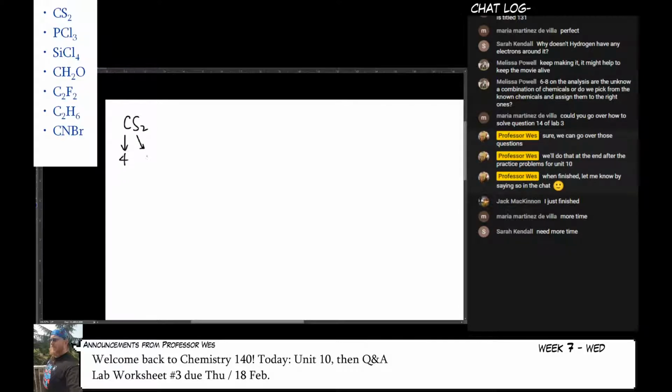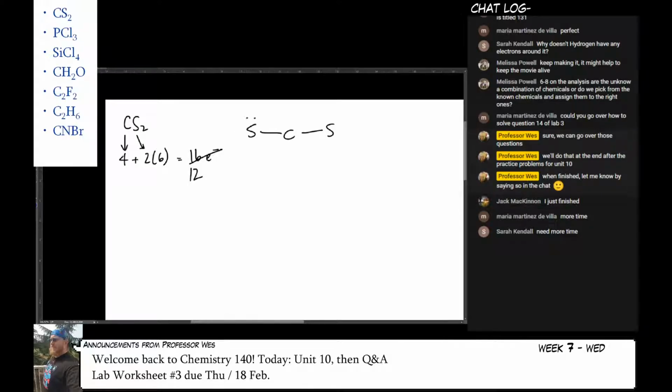Okay, so we're going to count our valence electrons. Each carbon is worth 4. Each sulfur is worth 6, and there are 2 of them. So that gives me 16 to work with. Carbon is my central atom, so I'm going to put the sulfurs on the other sides. So we'll make our framework. That's 2 plus 2 is 4, so I have 12 left.